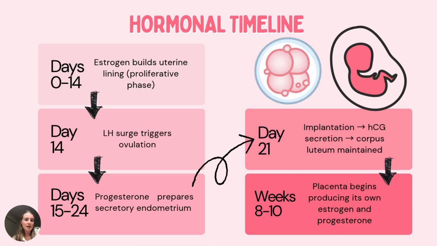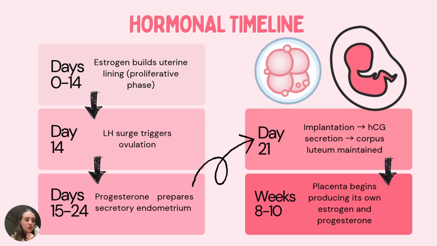So this slide is a little hormonal timeline, just to help visualize the process of ovulation and then once the placenta takes over. This slide shows how the hormone levels shift through the cycle and then early into pregnancy.